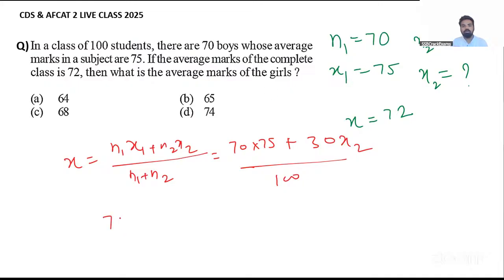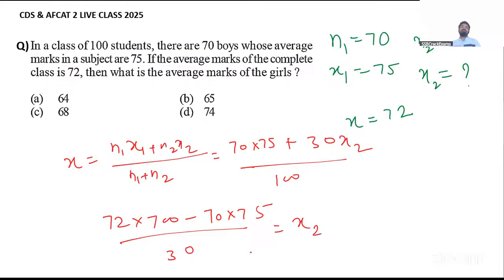So x2 is 72 into 100 minus 70 into 75, divided by 30. This is going to be the answer. Just do the calculations, you will get the answer. Try to do it and tell me the answer.